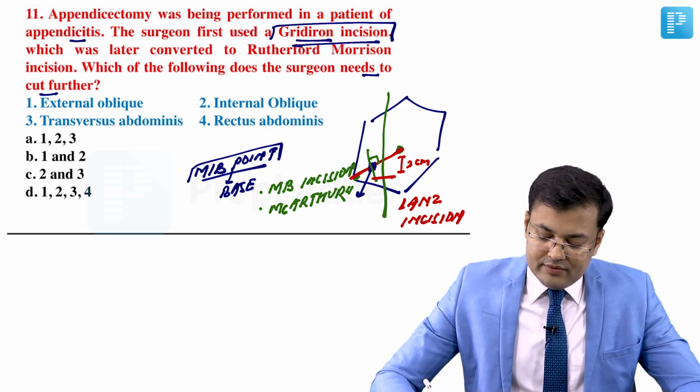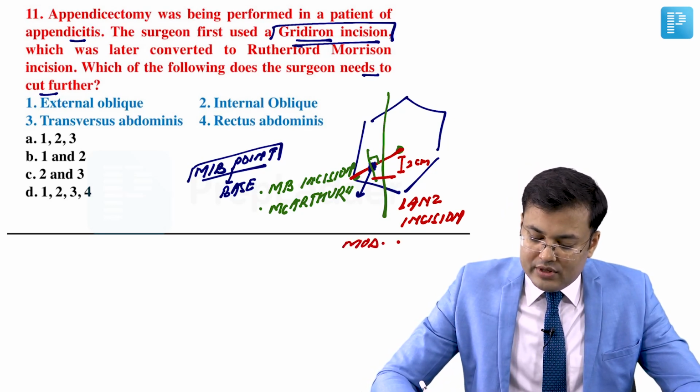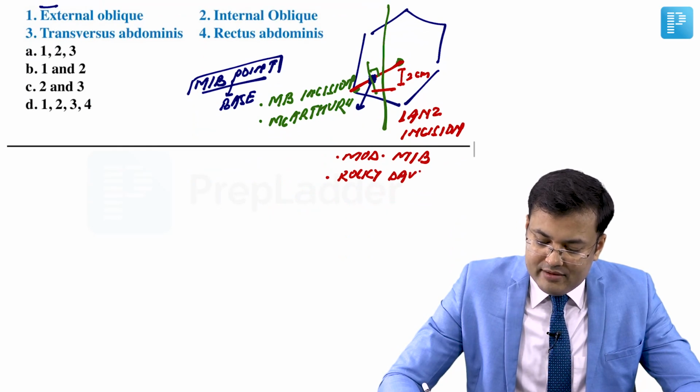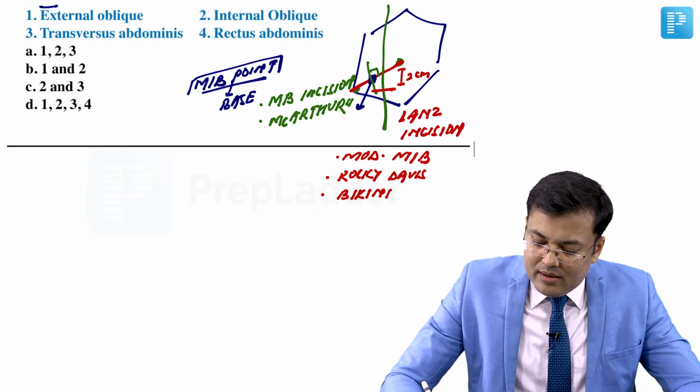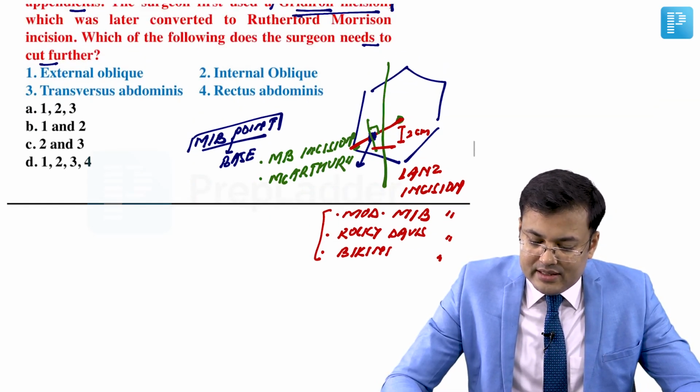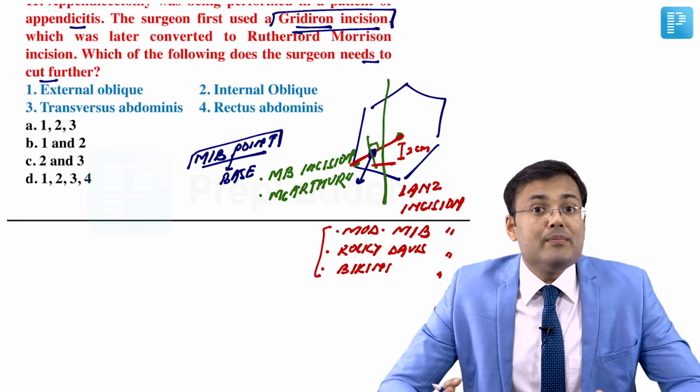It is also known as modified McBurney's incision, also known as Rocky Davis incision, and also known as bikini incision. Why? Because this incision is cosmetically better.